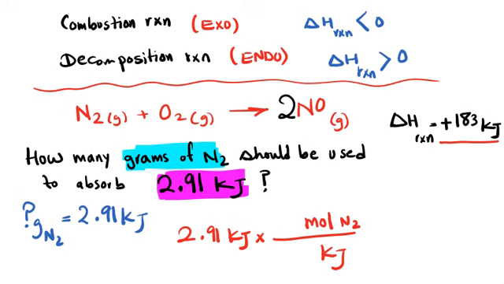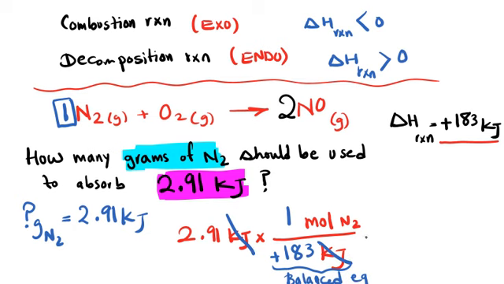Please understand, we need to use the balanced chemical equation. 183, and let me write positive, and we have only 1 mole nitrogen. If we don't write any number, it means we imply that one. So kilojoules and kilojoules cancel out.